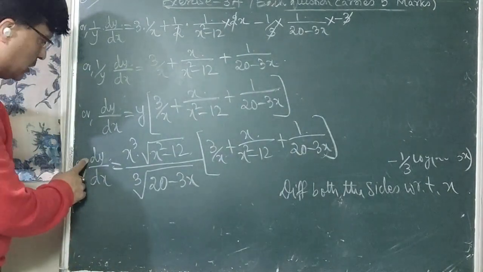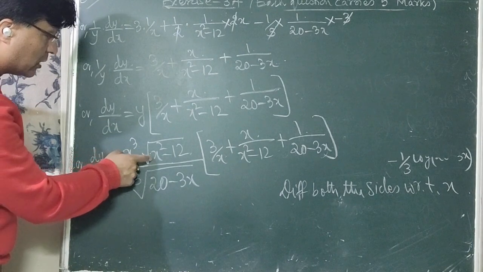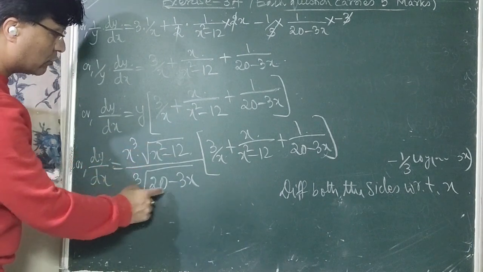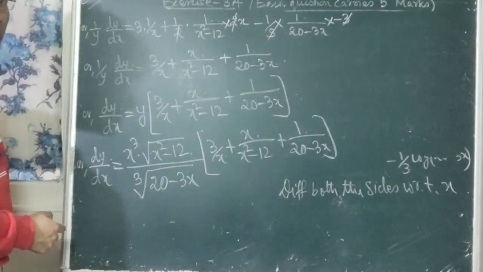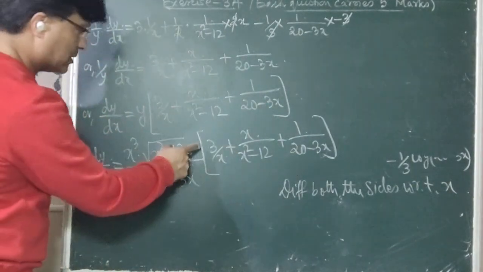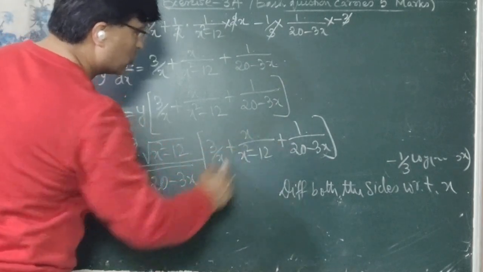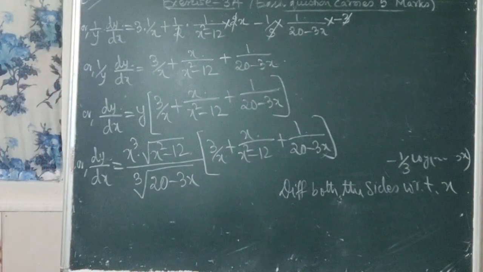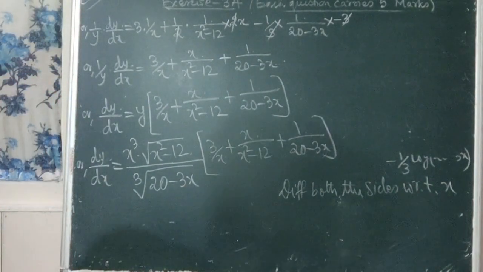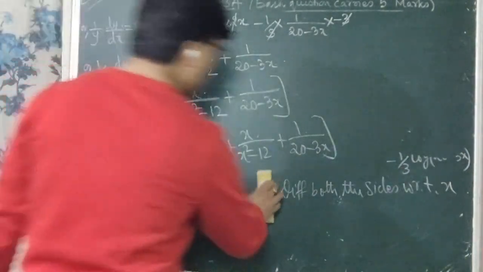So now dy by dx is equal to, we put the value for y, that is x cube root under x square minus 12 divided by cube root of 20 minus 3x, and this expression within bracket remains as it is, that is 3 by x plus x upon x square minus 12 plus 1 upon 20 minus 3x. Now we have to put x is equal to 4, because in the question you have to find out the value for dy by dx when x is equal to 4. So let us put x is equal to 4.